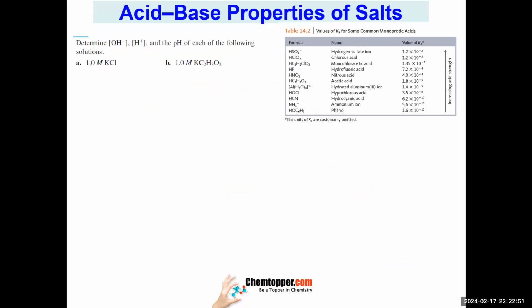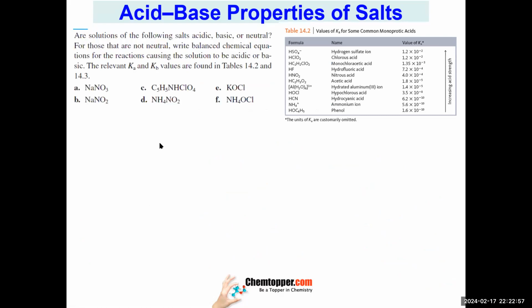So now let's do this question. These type of question we have already done. This particular salt we have already done. Anyone, can you recall and can you answer straight away?